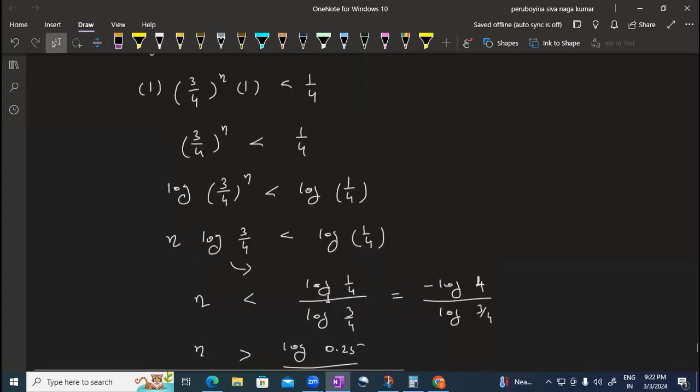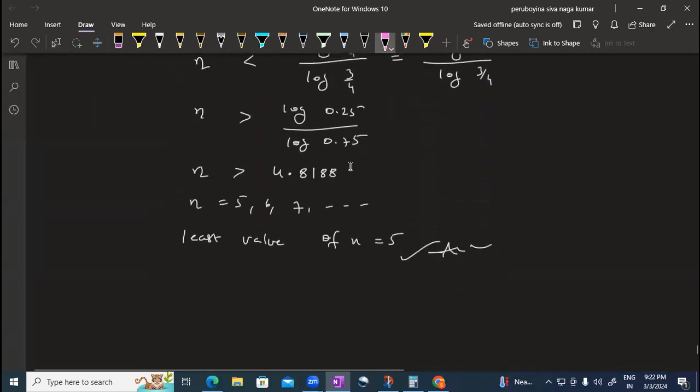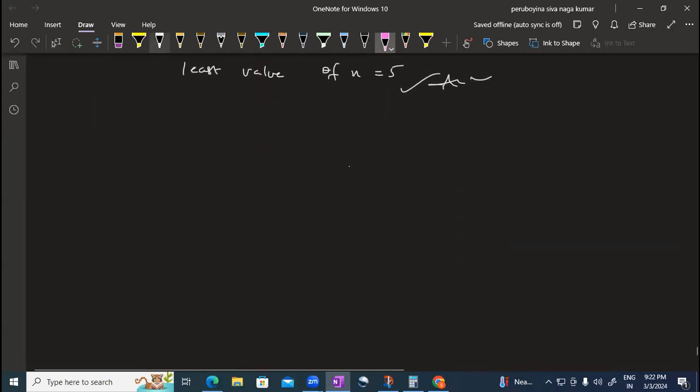Okay, and next, the second question is asking, the second part: the probability of drawing a heart is greater than 3/4.